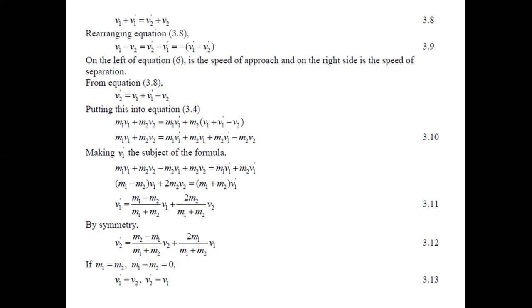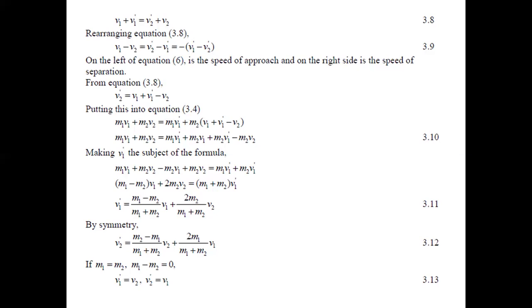Then m1 v1 plus m2 v2 minus m2 v1 plus m2 v2 will be equal to m1 v1 prime plus m2 v1 prime. Now on the right, v1 prime is common. So you are left with (m1 minus m2) v1 plus 2 m2 v2 equals (m1 plus m2) v1 prime. So divide both sides by m1 plus m2.